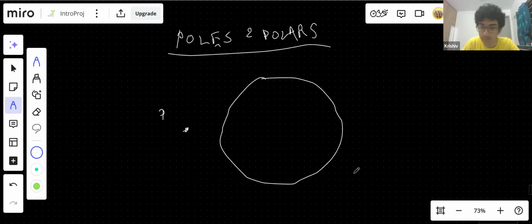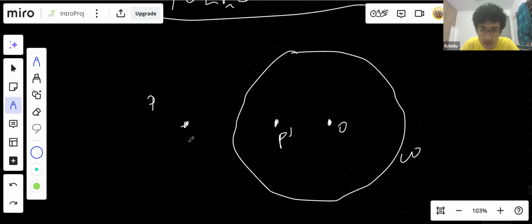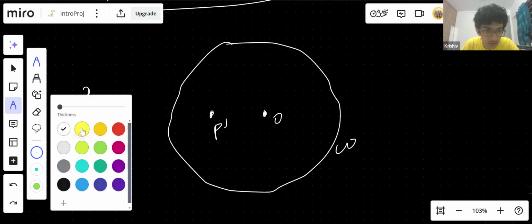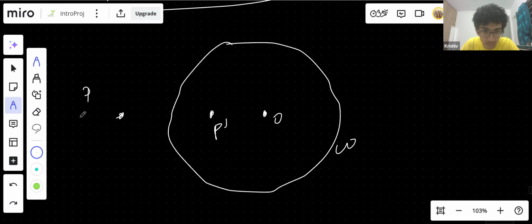Suppose we have a point P and this is omega, and I draw the inverse. This is P dash, and this is O, and these three points are collinear. So this is the polar.